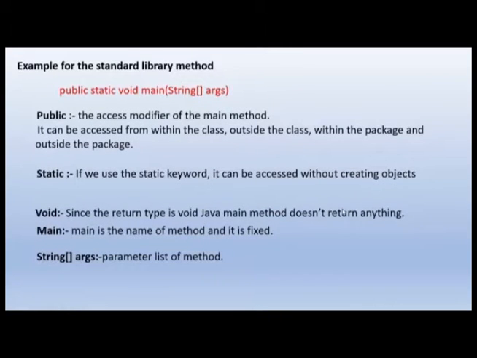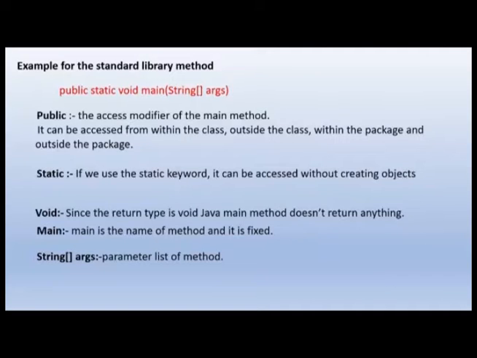Now you can see the example for the standard library methods. That is the main method: public static void main, and inside the parentheses String args. Why do we talk about the main method especially? Because we cannot execute our Java program without including the main method.